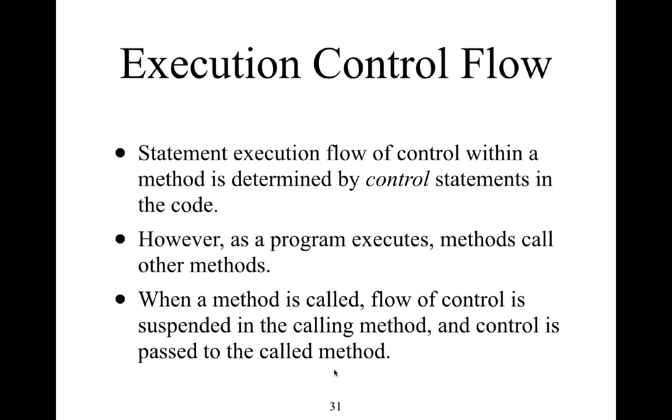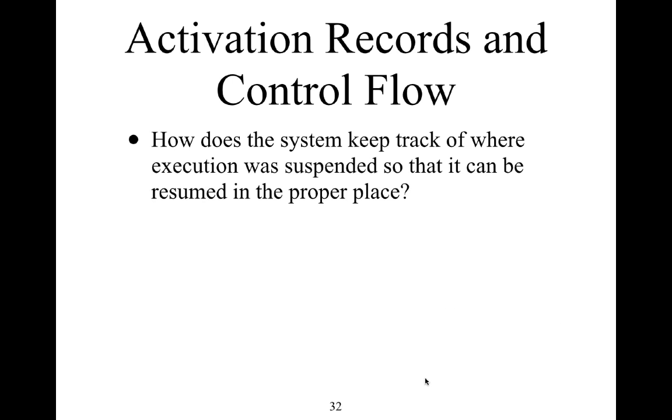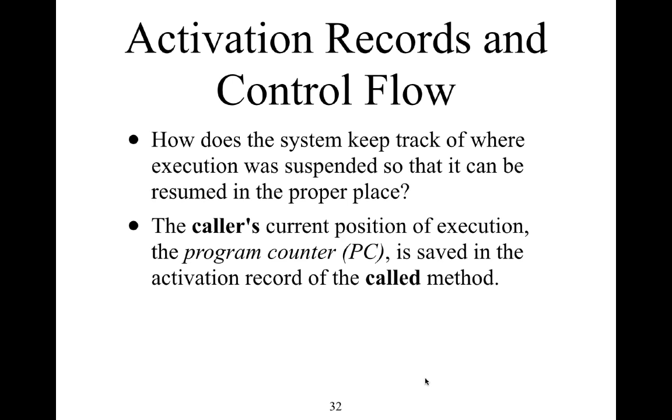When the method is called, the caller's execution is suspended. Control flow is passed to the called method, and the calling method is suspended. So the system needs a way of keeping track of all that.